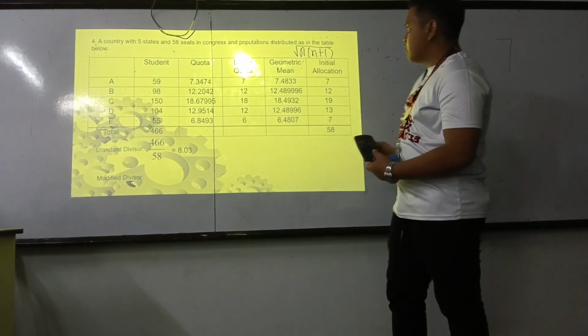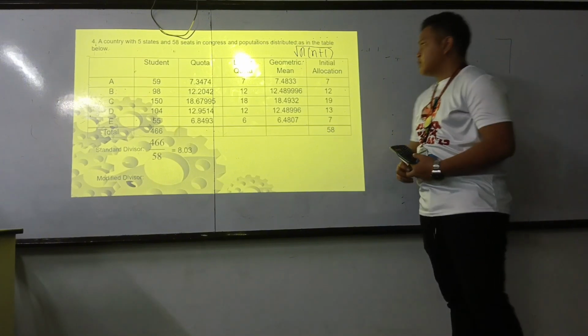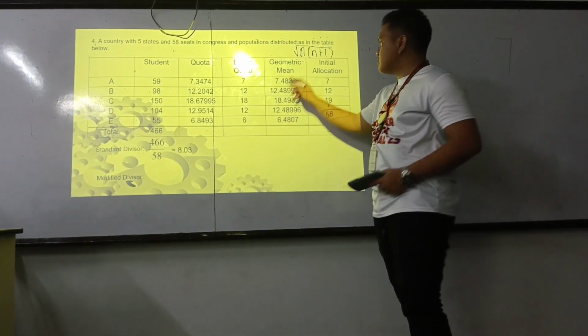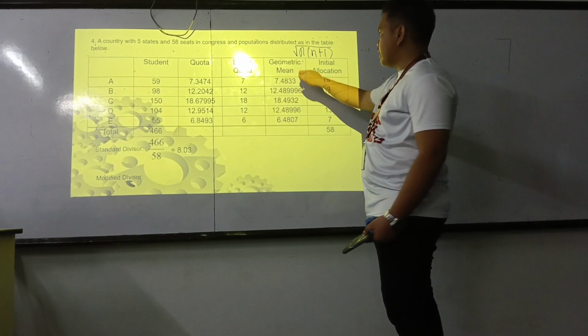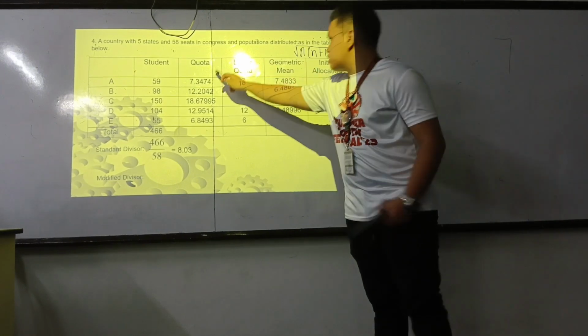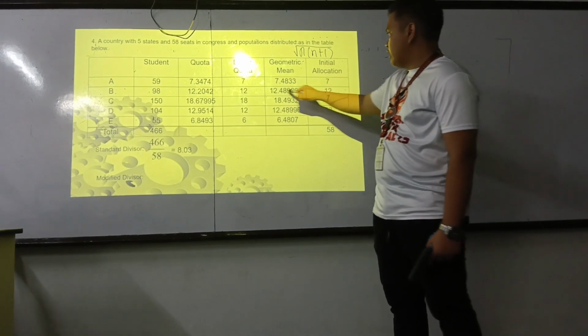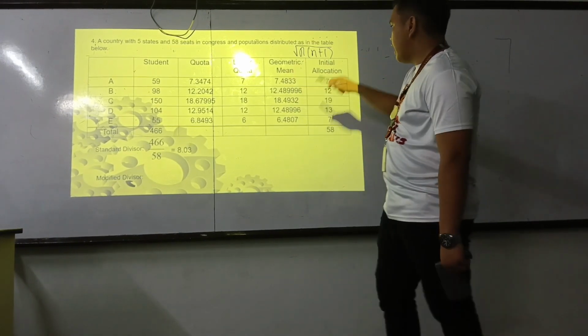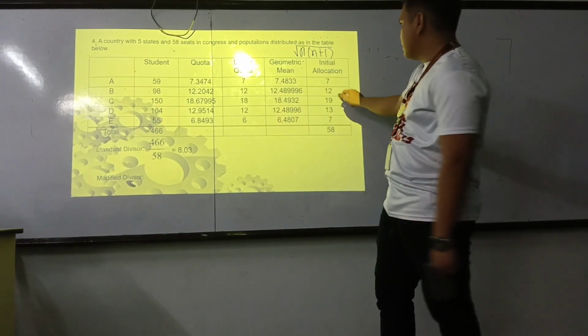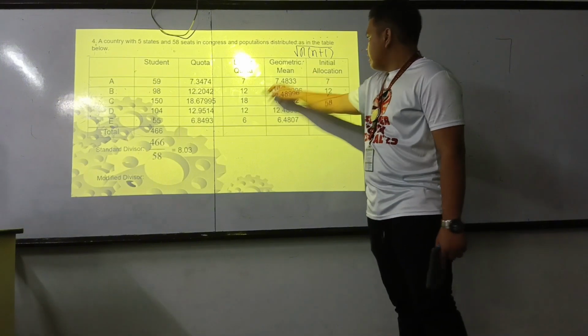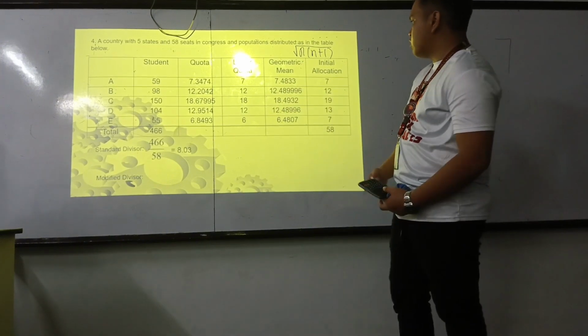This n is our lower quota. So as you can see, the geometric mean is higher than the quota, so it will stay the same. And here the geometric mean also is higher than the quota, so it will stay the same. And C, the geometric mean is lower than the quota.